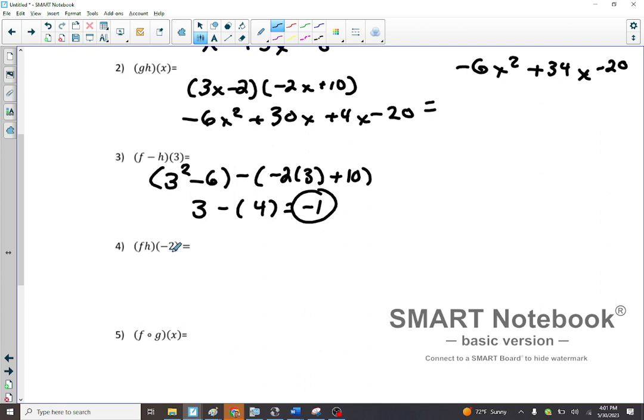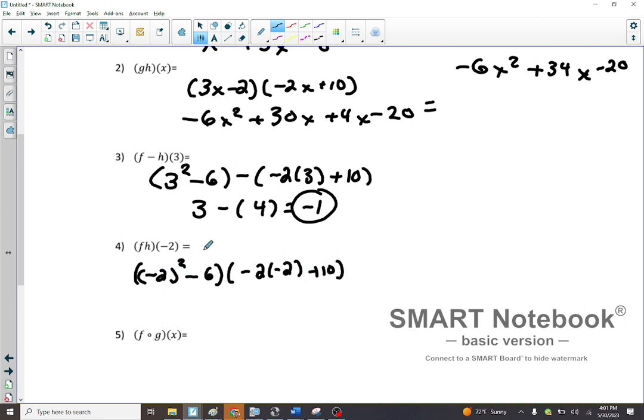All right. This one is f times h of negative 2. In this case, the best way to do it is just find f with negative 2: negative 2 squared minus 6, times your h with negative 2, negative 2 times negative 2 plus 10.